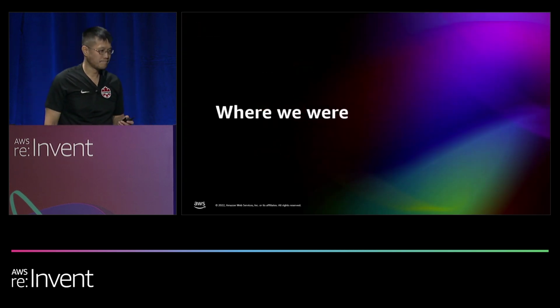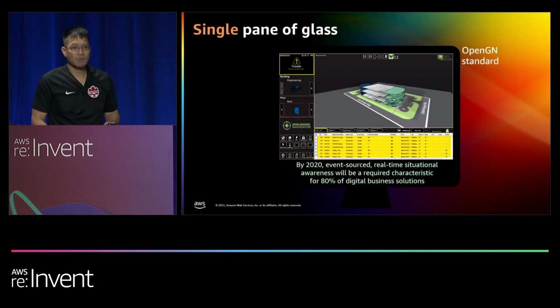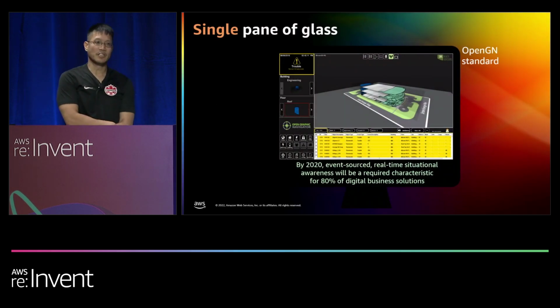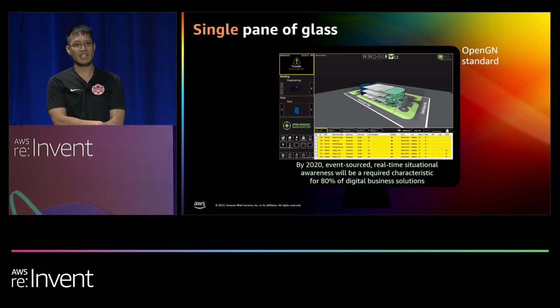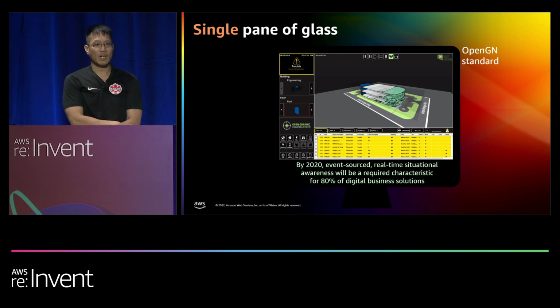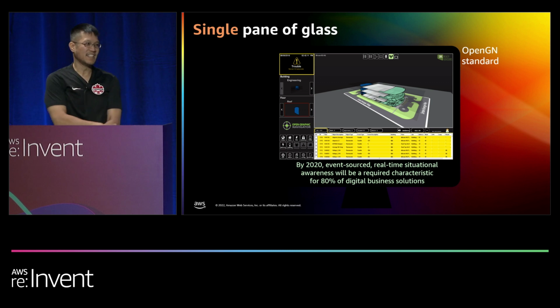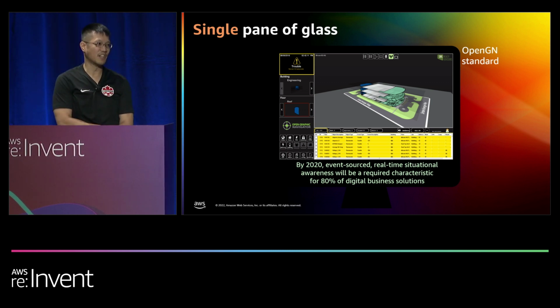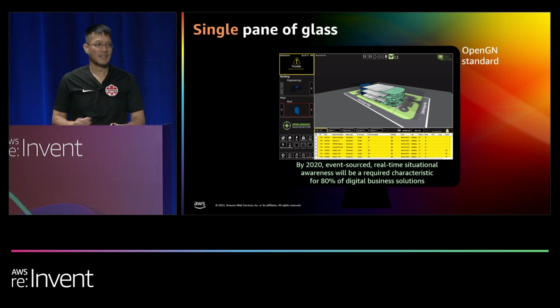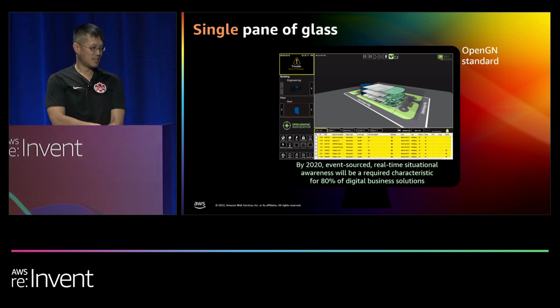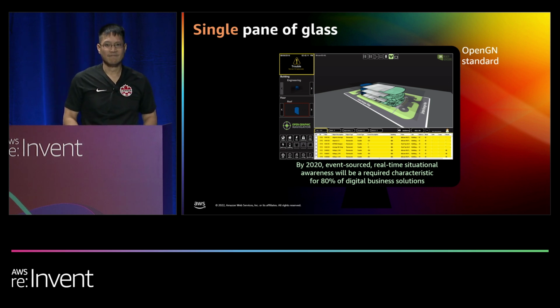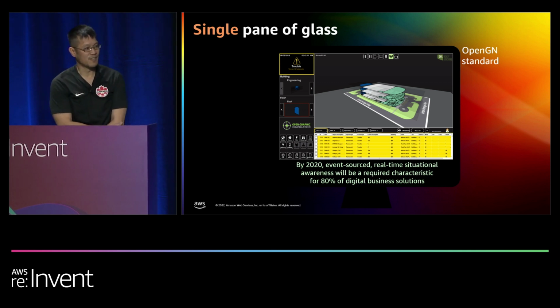Where we were. OpenGN was developed over 10 years ago as a centralized fire alarm system for monitoring single site fire alarm control panels.